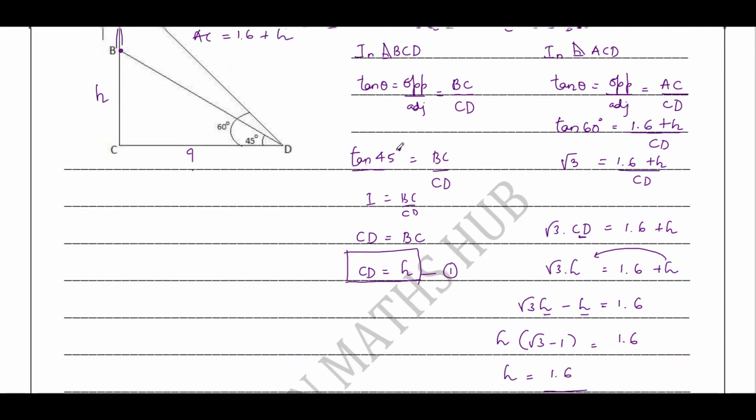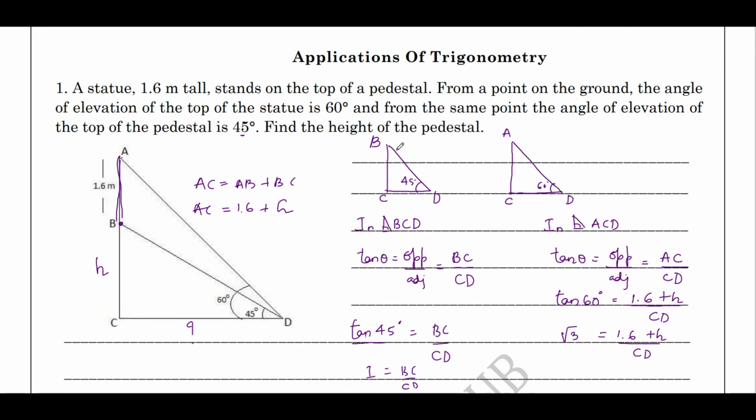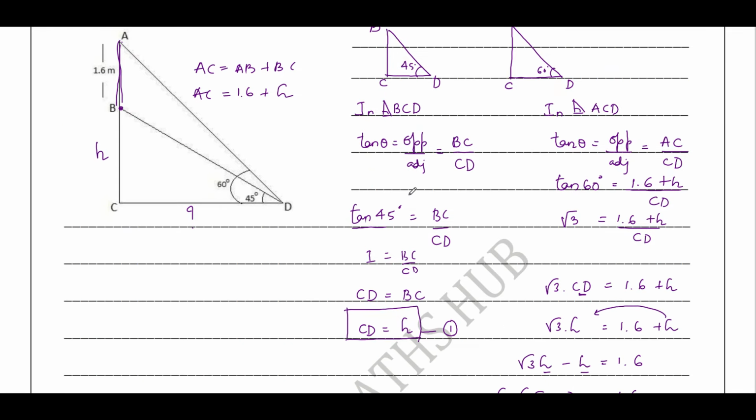Students, understand again: for the given figure, write down the right angle triangles. Apply the tan ratio. After applying tan ratio, substitute the angle, and definitely between these two right angle triangles, a common side will be there.